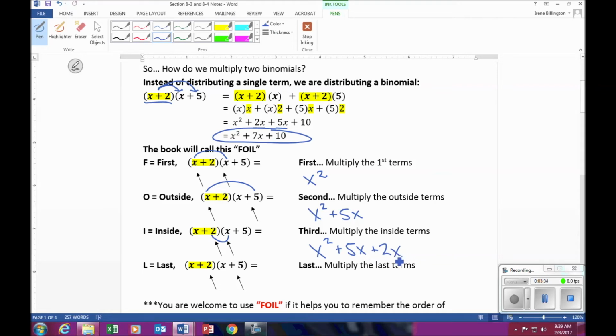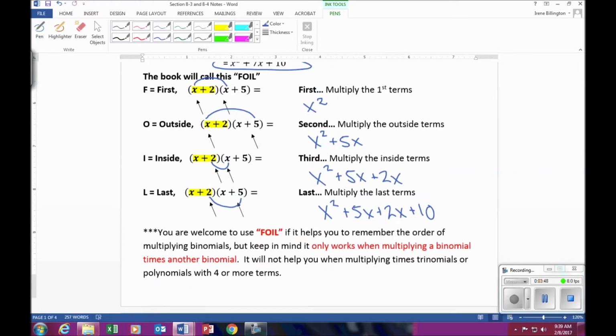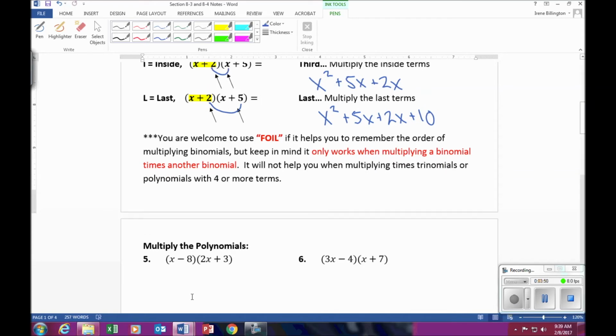And then last, I multiply the last terms, the 2 and the 5, which is 10. We can see here that this answer would then simplify by combining our middle two terms. It would be x squared plus 7x plus 10 as the resulting polynomial.